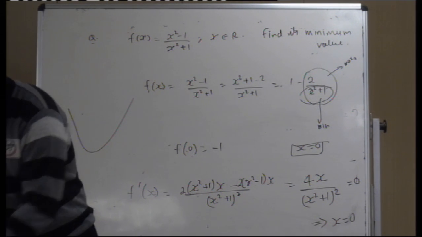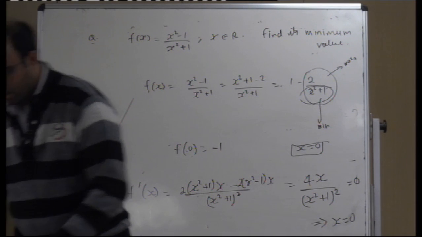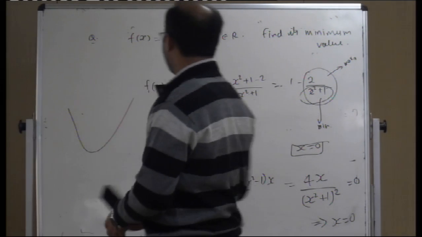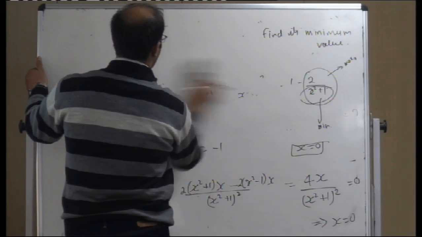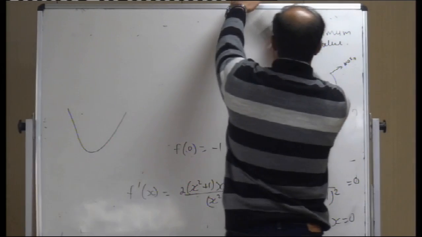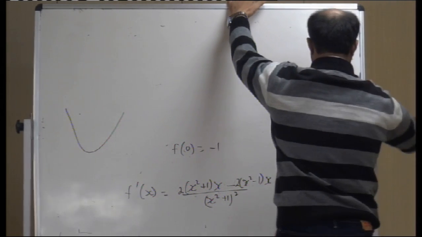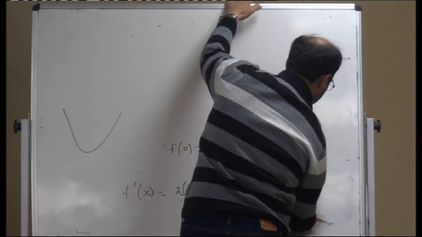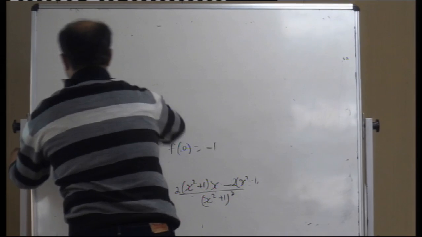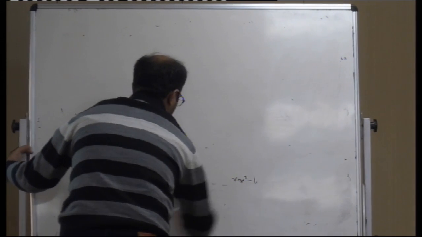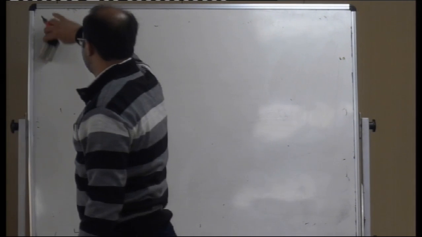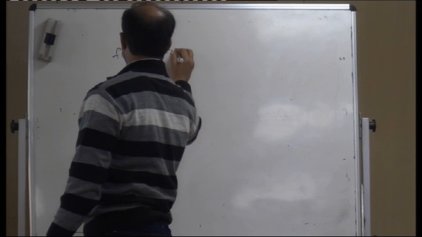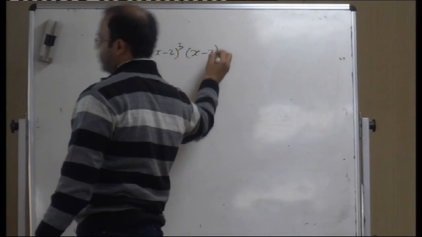Now we can have the next question which is a little different from all these cases. We have found maxima, minima in these three questions anyhow. And now the next one is f(x) equal to (x minus 2) cube into (x minus 3).